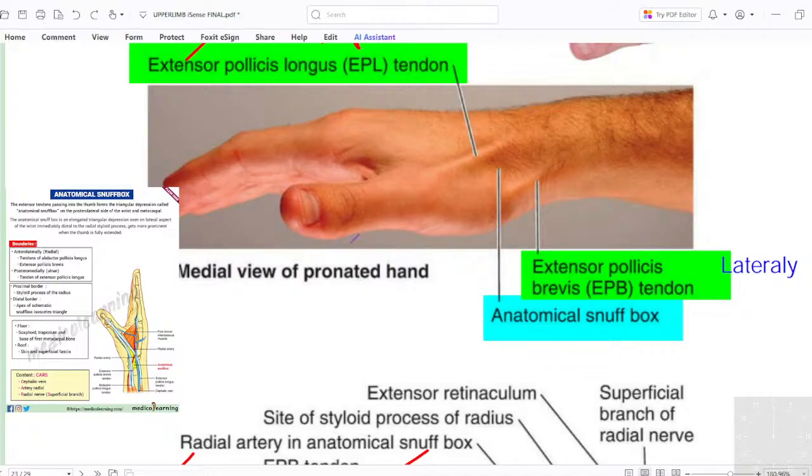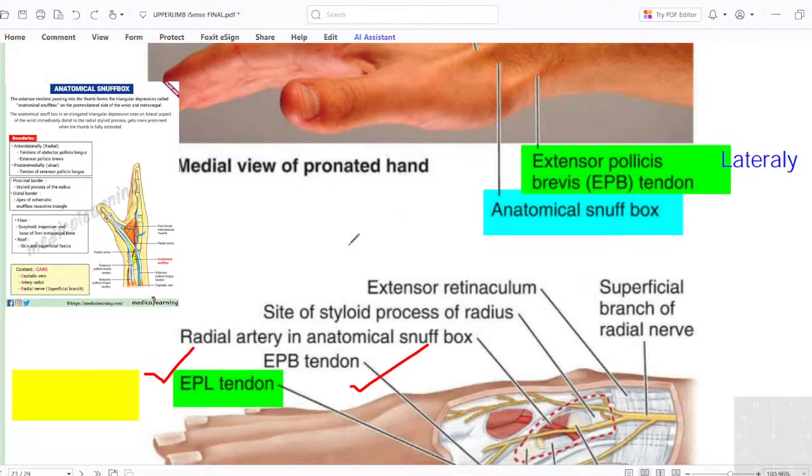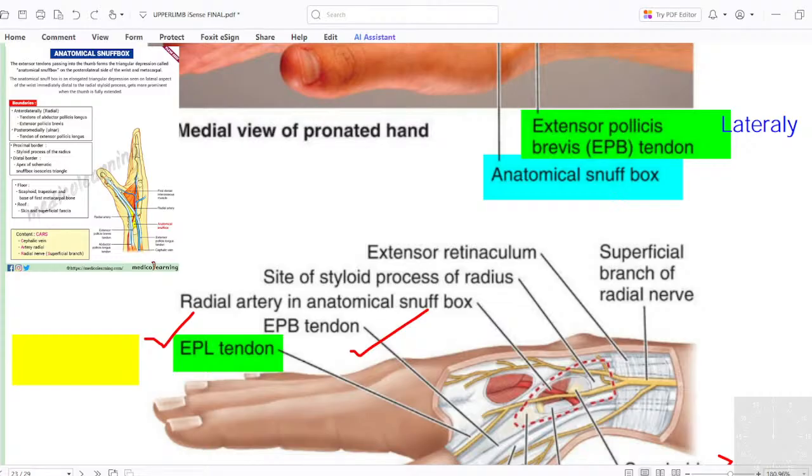Now the contents. You can remember them with CARS: C for cephalic vein, A for artery, which artery? Radial artery.